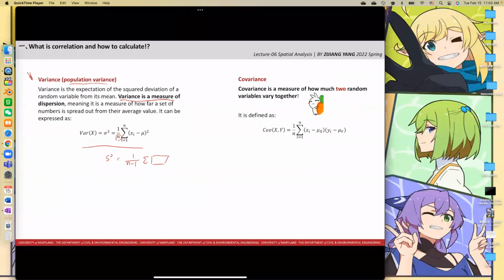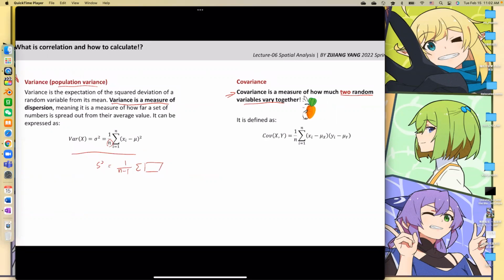For the covariance, I think it is less commonly discussed in statistical lectures. Covariance is a measure of how much two random variables vary together, and the definition of covariance is like this one. The purpose of showing the formula of variance is that we can see their shapes are pretty similar. The variance actually equals the covariance of x and x.